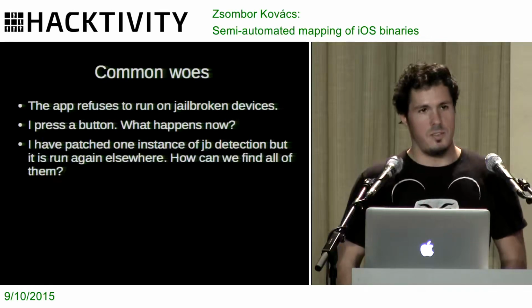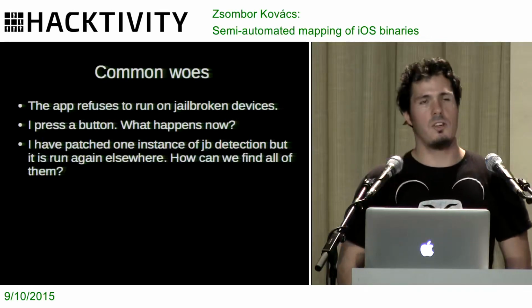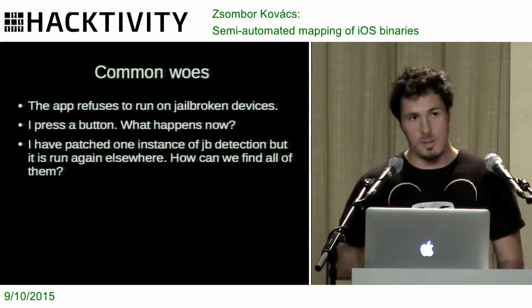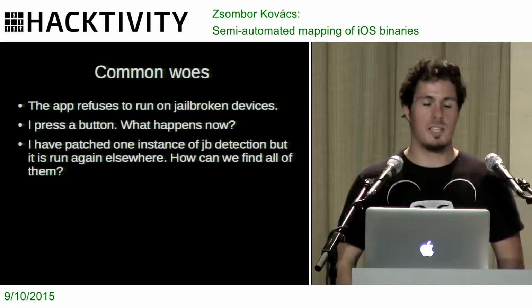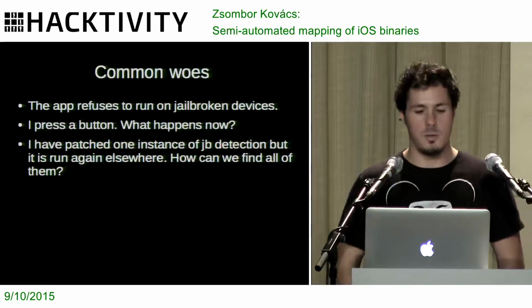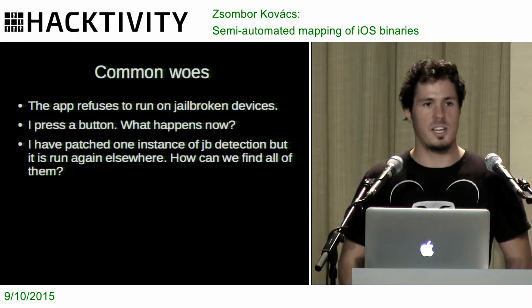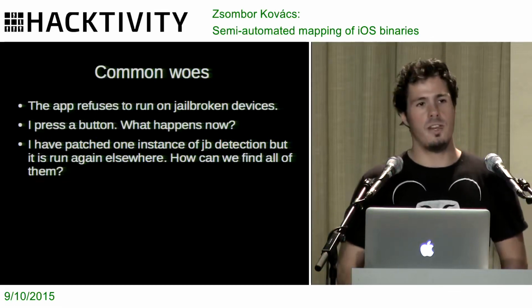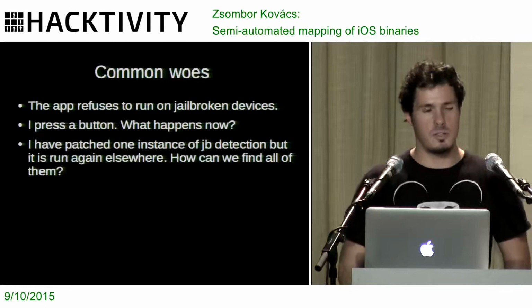Once we have jailbreak detection, I'm pretty sure that anyone who has ever had to patch jailbreak detection out of a binary knows this is one of the most frustrating things that can happen to you. You spend hours trying to find the point where jailbreak detection takes place.